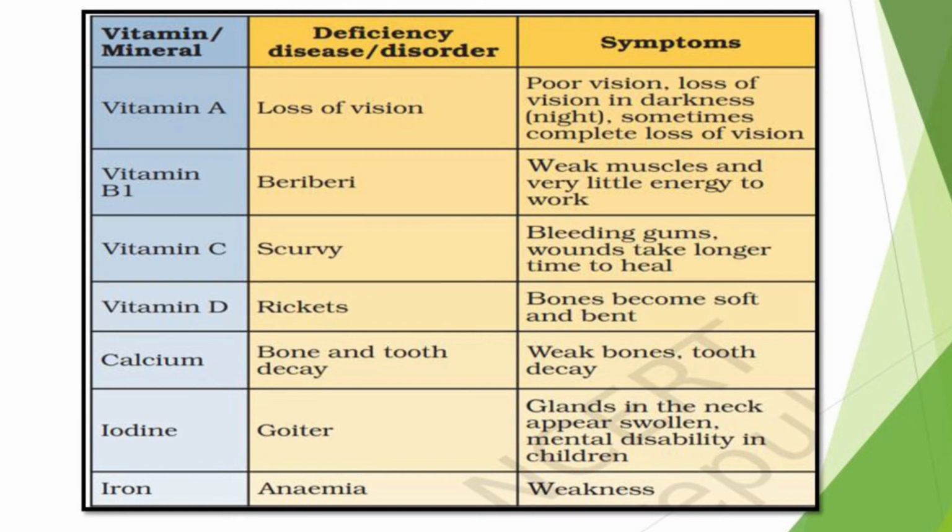Diseases that occur due to lack of nutrients over a long period are called deficiency diseases. If the diet is deficient in both carbohydrates and proteins for a long period of time, growth may stop completely. Deficiency of different vitamins and minerals may also result in certain diseases or disorders.